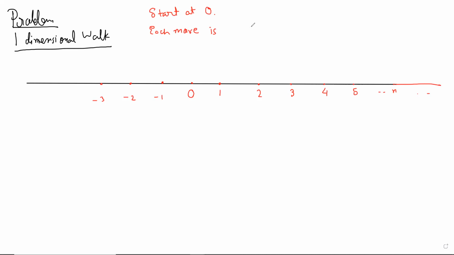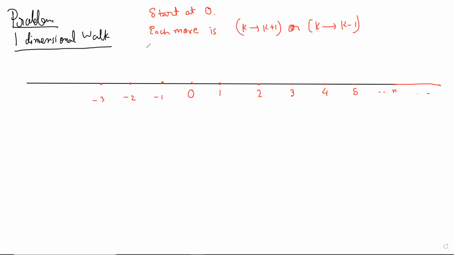Let me write it mathematically. Each move is either k going to k plus 1 or k going to k minus 1. We are just doing it as a puzzle, just as a problem, but this is fundamental, theoretically very important. So each move is either this or this.